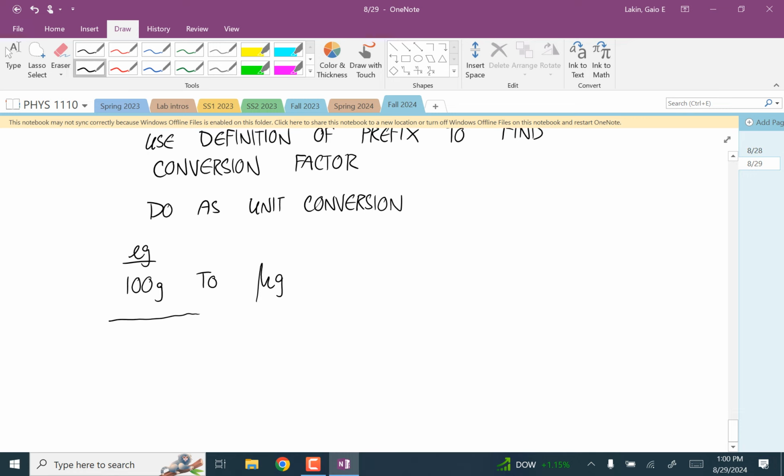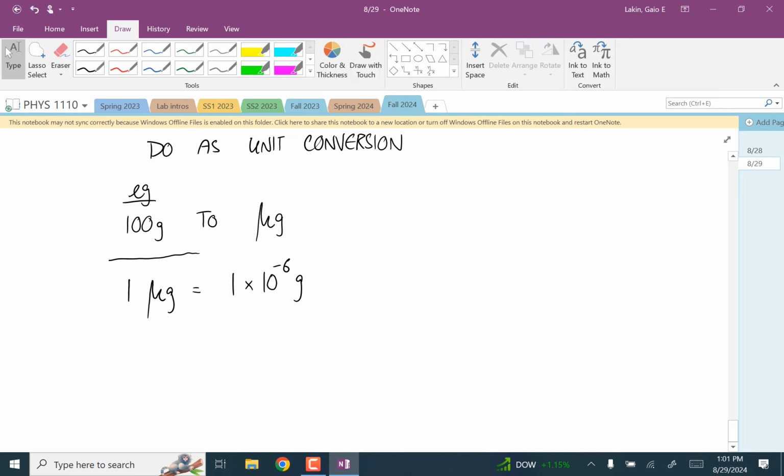Okay, well, 1 microgram is equal to 1 times 10 to the minus 6 grams. I'm using the definition of micro there to come up with this equality. And so this gives us two possible conversion factors, 1 microgram over 1 times 10 to the minus 6 grams, or the reciprocal of that.